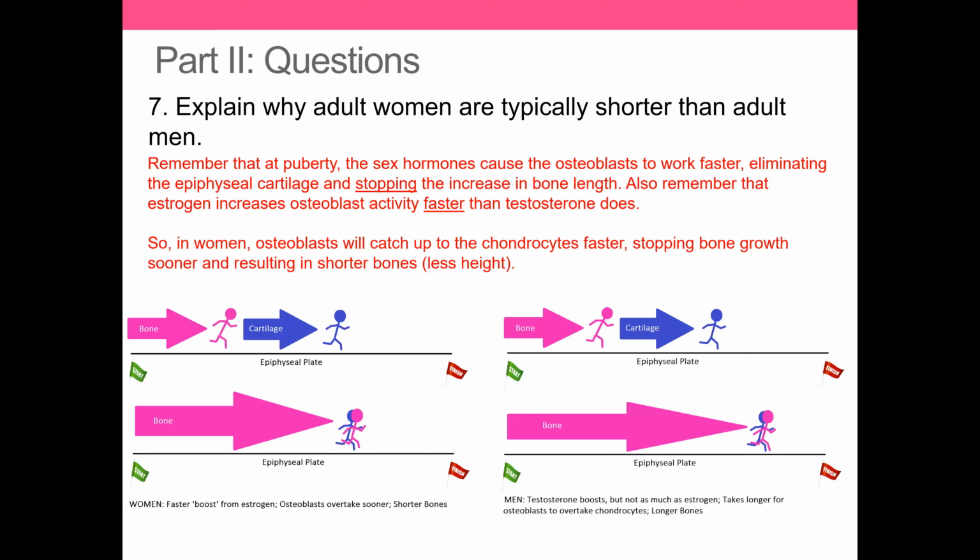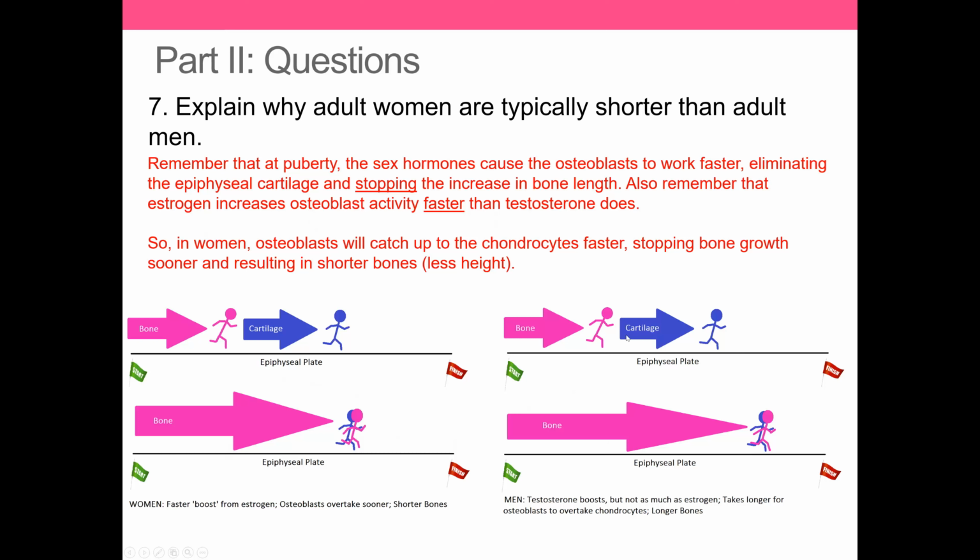And again, if we look at our little race example, on the left side here, women get a faster boost from estrogen, meaning that the little pink osteoblasts can race up ahead and overtake the chondrocytes sooner, but because they overtook them sooner, the bones end up being shorter. Whereas on the right side, testosterone will also boost the osteoblast activity, but not as quickly as estrogen.